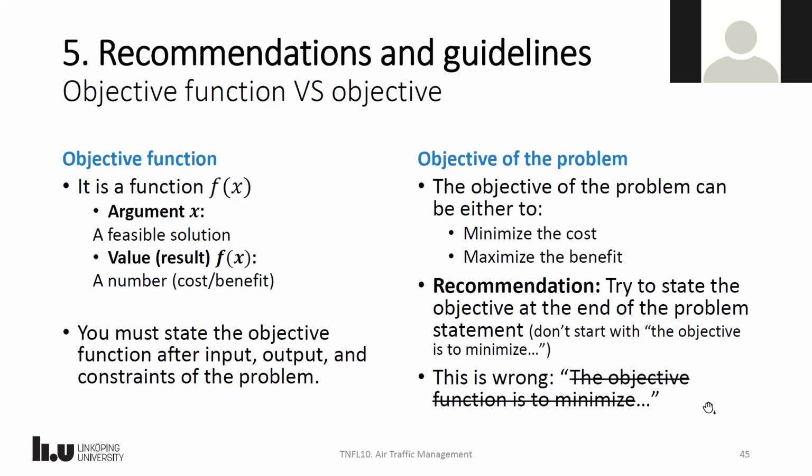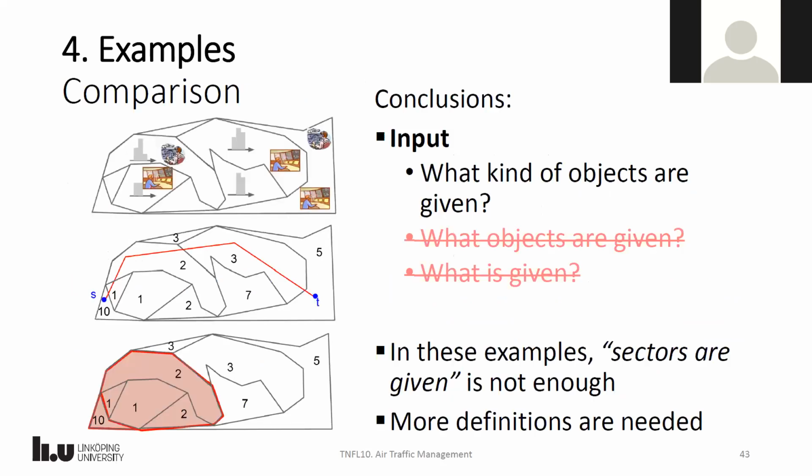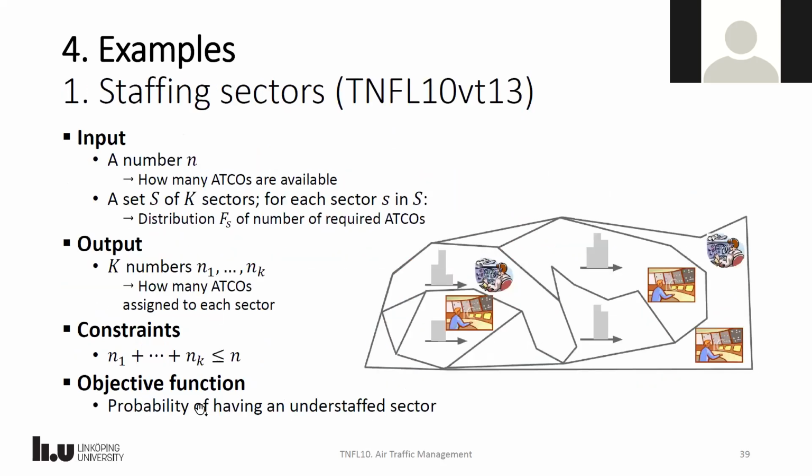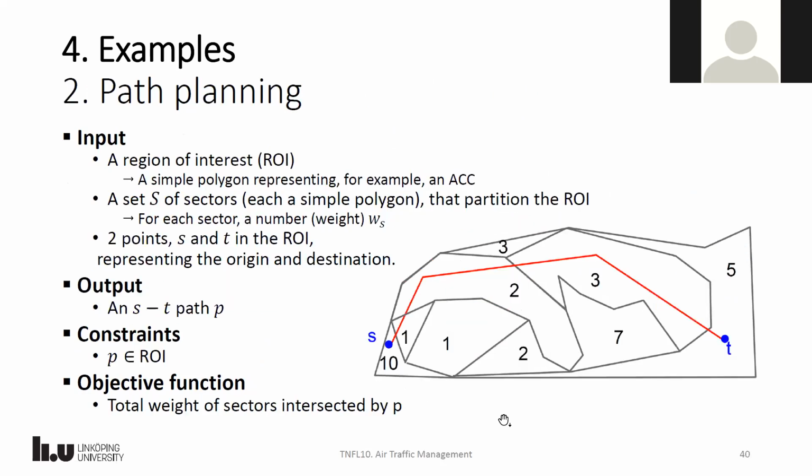That's something to have in mind. I'm sure you already do, but yeah, just the difference. And as we saw earlier, for example, in this one over here, the objective function is total weight, probability. There's no maximize or minimize in here whatsoever.